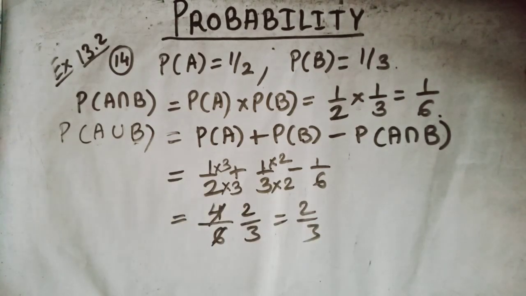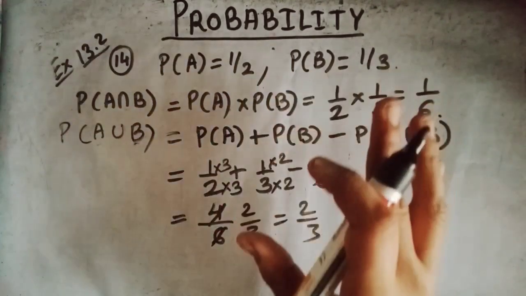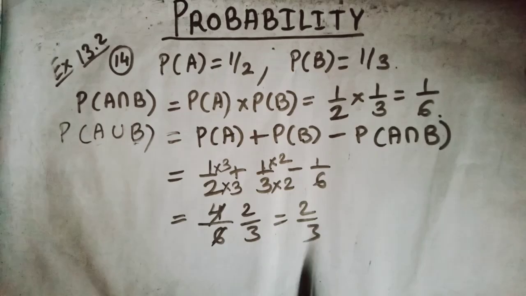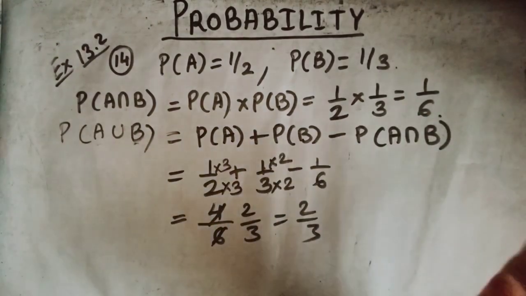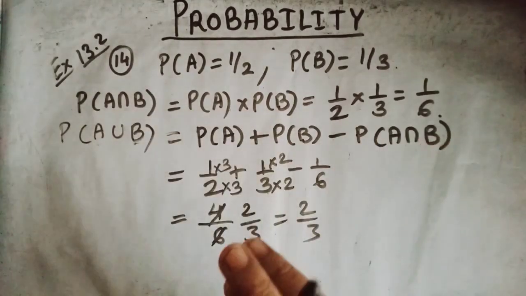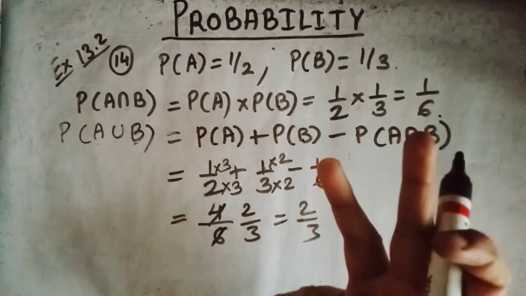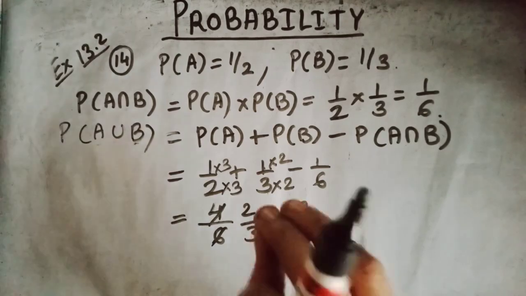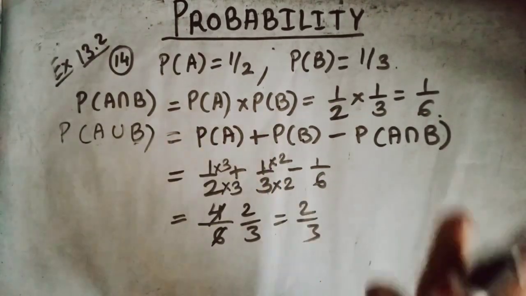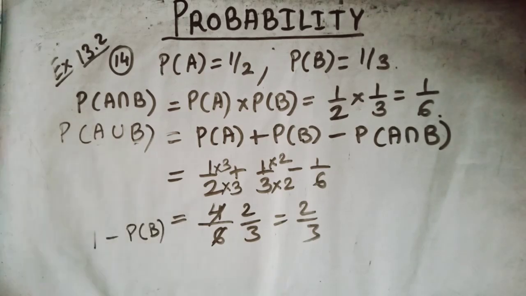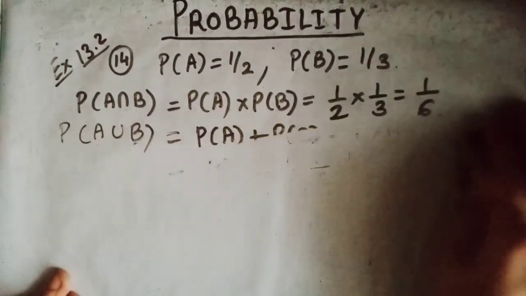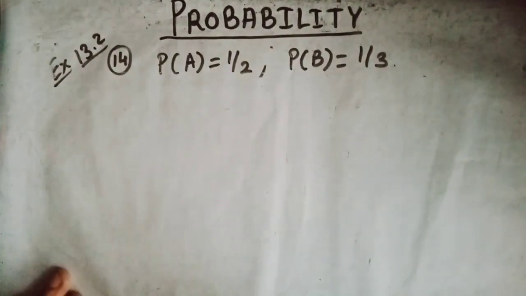Okay, now let's solve the second part, that is exactly one of them solves the problem. Means one should solve the problem and the second one should not. Now the second one is not solving the problem. What will be the probability? B is not solving the problem, so it will be 1 minus P of B, right? So both cases we have for A and for B also.